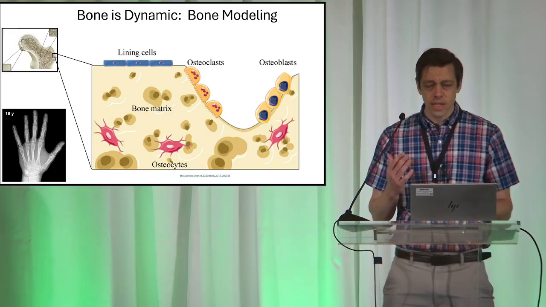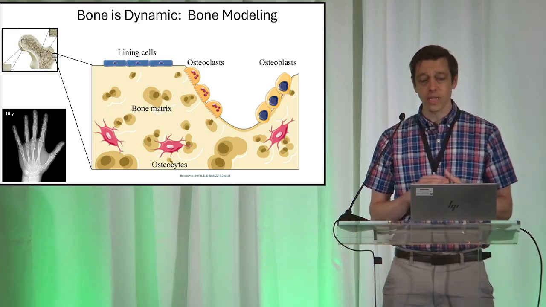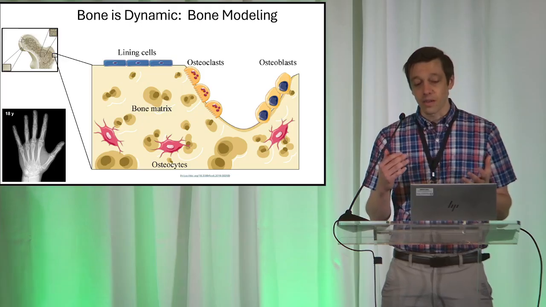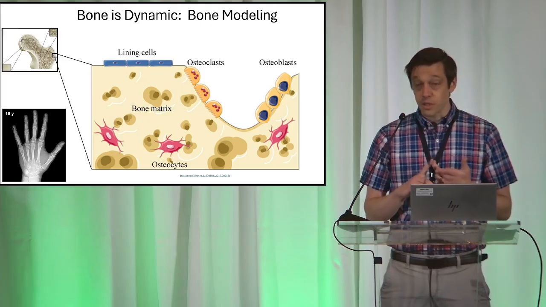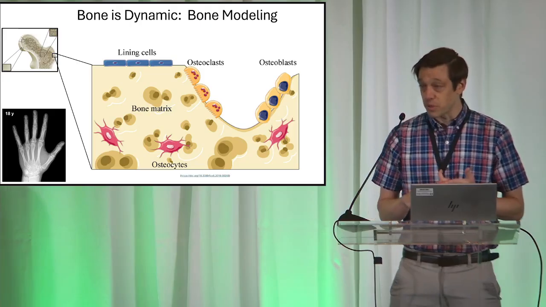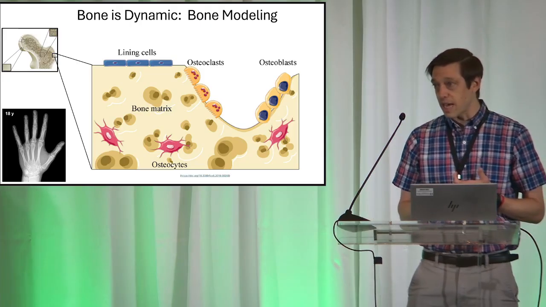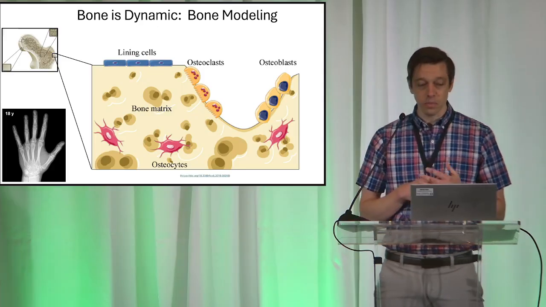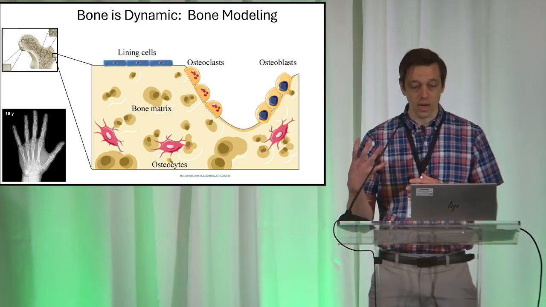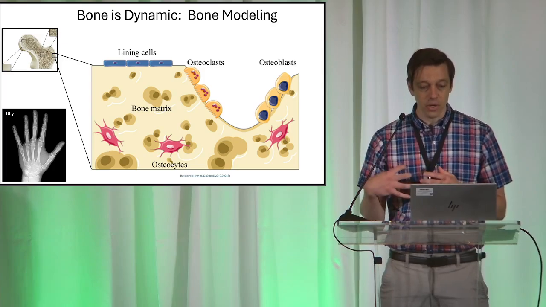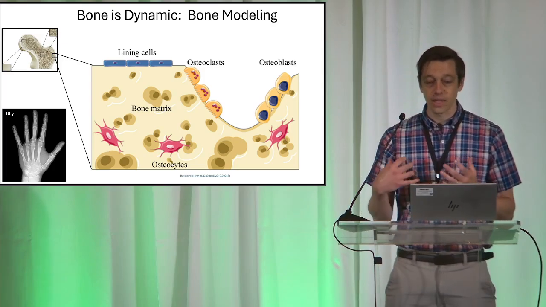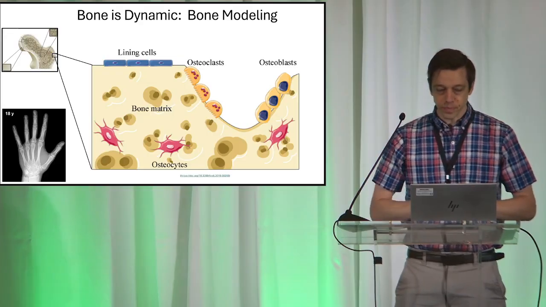And so the cells that are key players in doing that are the osteoblasts. Osteoblasts build new bone. And the osteoclasts, which are the cells that look sort of like the Pac-Man ghosts, are involved in breaking down the bone, scrubbing it away, allowing the osteoblasts to come in and put in new bone.